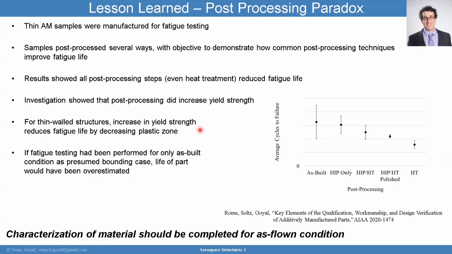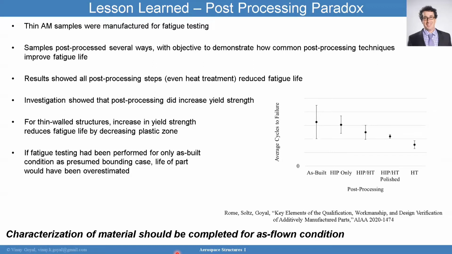Now, this is important because you might start on a program with all 5 of these different kinds of treatments and say, I'm only going to test the as-built. I don't need to test the other kinds because I know as-built will be worse. And you look at this and say, actually, that's not always true. It may be true in general. It may be true for thicker parts, but for very thin samples made with AM, and probably very thin parts in general, it just wasn't true.